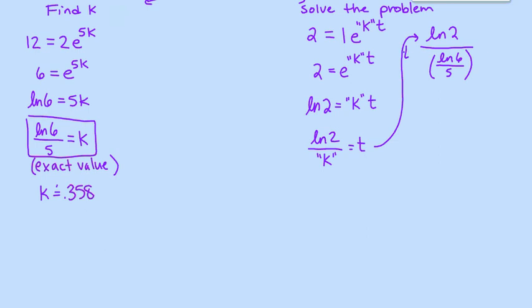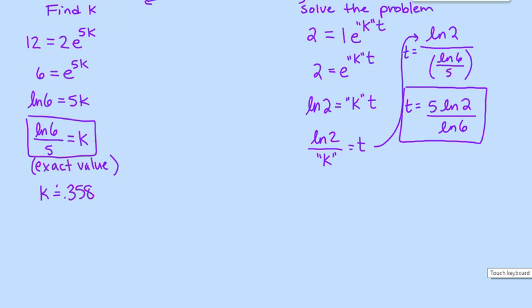So I could write that as multiplying by the reciprocal of the bottom, we're going to have the 5 on the top, multiplied by the natural log 2 that's already there, and divided by the natural log 6. Because dividing by natural log 6 over 5 is the same as multiplying by its reciprocal. So that would be the exact time for the population of bacteria to double.